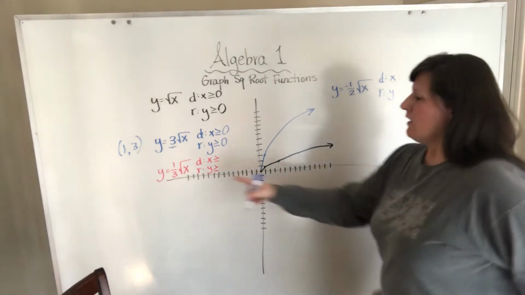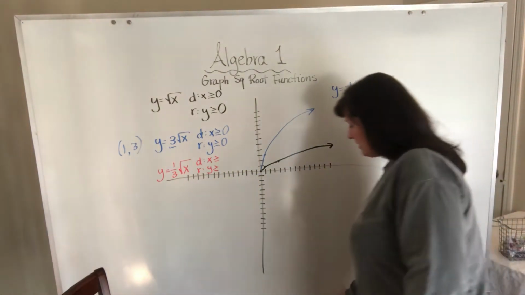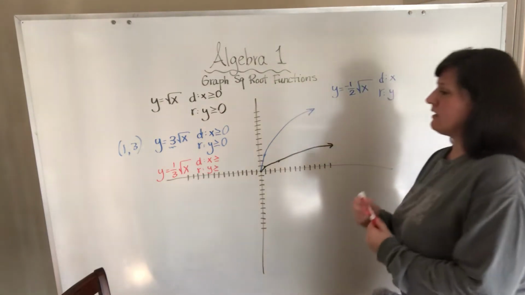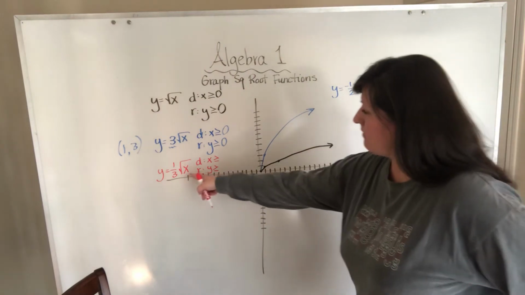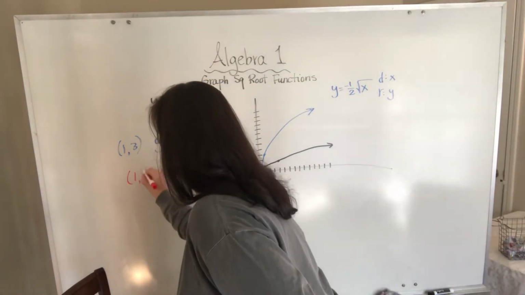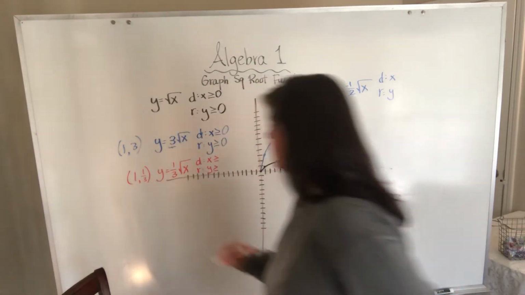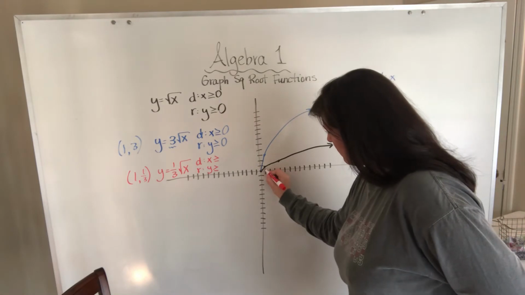Okay, hopefully you remember, if my number in front is a fraction, we call that a vertical shrink. Okay, so again, if I look at this number here, my first point is at that coordinate right there. 1, 1/3. So 1, 1/3.